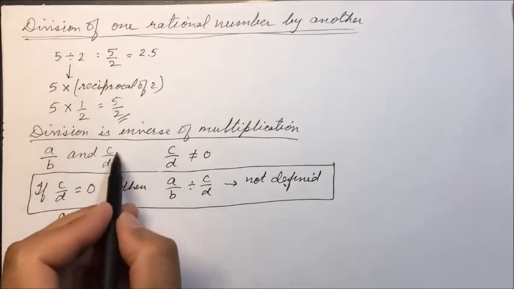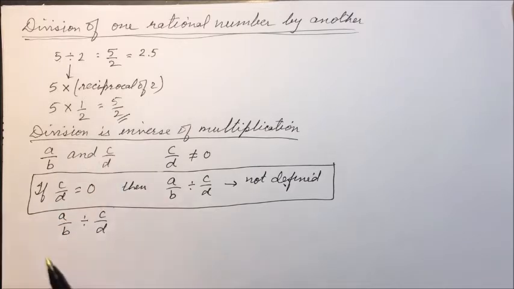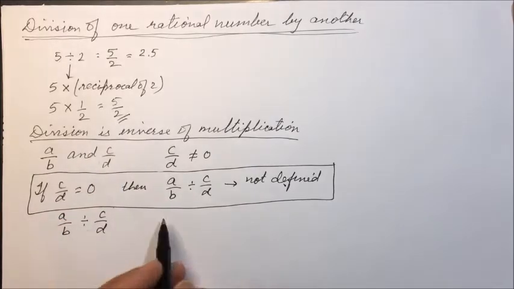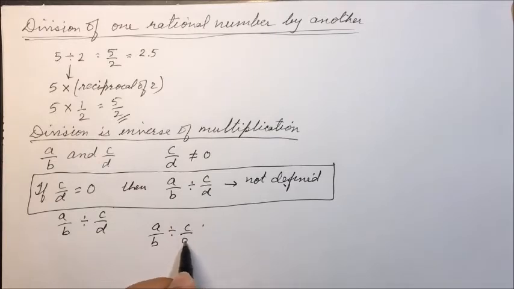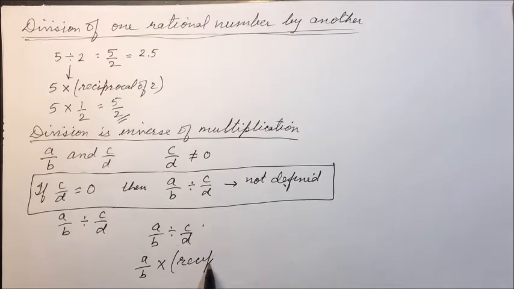We have to always check whether this number is 0 or not. So if we divide a by b by c by d, it is a by b into the reciprocal of c by d, so a by b into d by c. Now we can multiply and find the result.